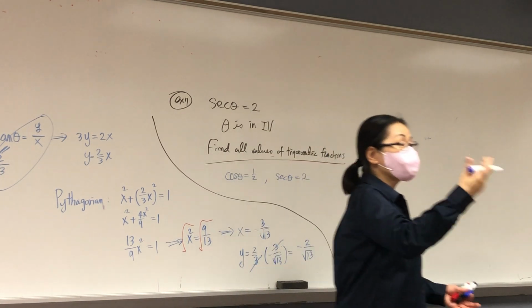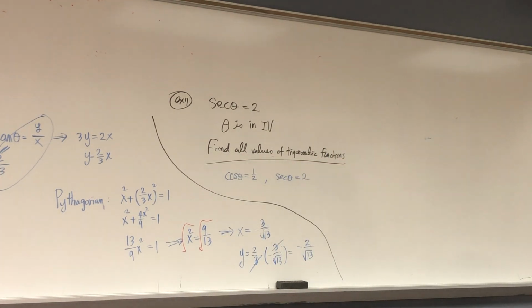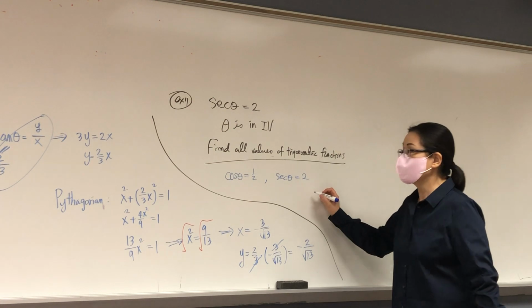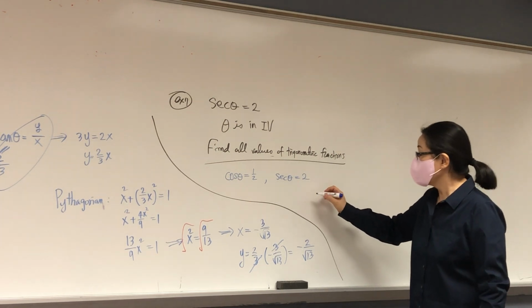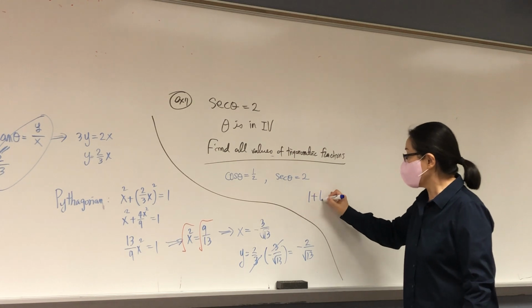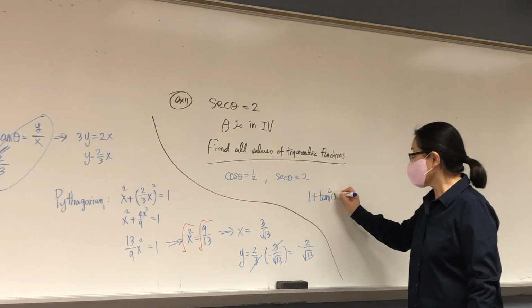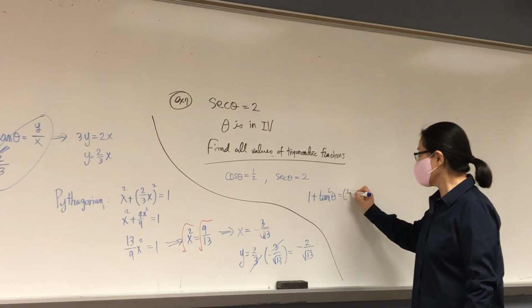We have to find another one, right? Quadrant 4. You can use the second identity to find tan. So secant squared is 4. 1 plus tangent squared theta equal to 2 squared.